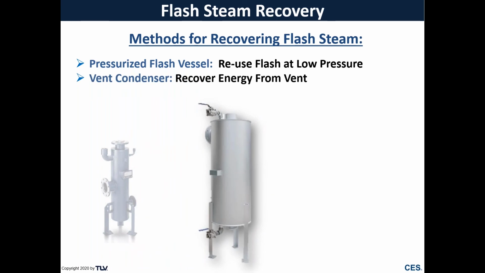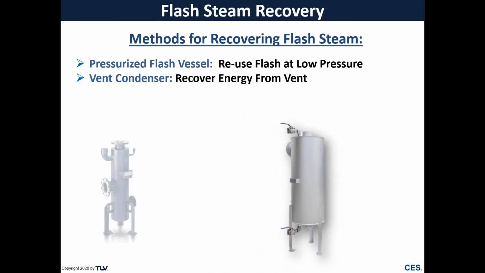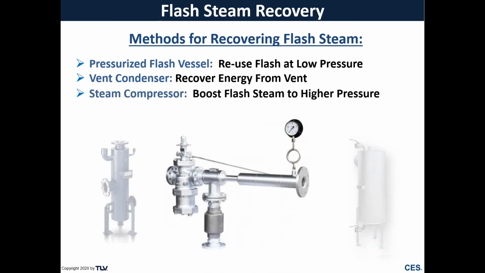Next is a vent condenser, where we can take that flash steam, condense it, and recover the energy as well as the condensate that was once being sent through the vent, keeping both in the system. The last option is a steam compressor, where we can boost steam that was at such a low pressure it was considered unusable up to a higher, more usable pressure.